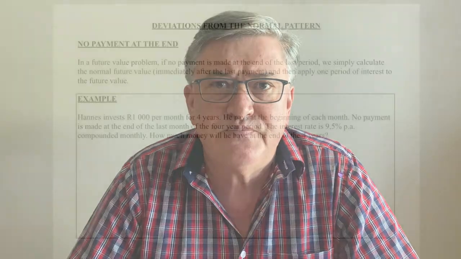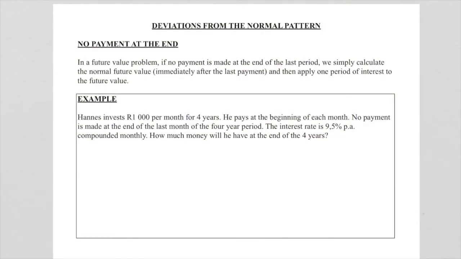Let's start with the first one, which is called no payment at the end. In no payments at the end, we say that in a future value problem, please take note, this is in terms of future value problems. If no payment is made at the end of the last period, please remember that last period can be a month or a quarter, whatever the situation is.